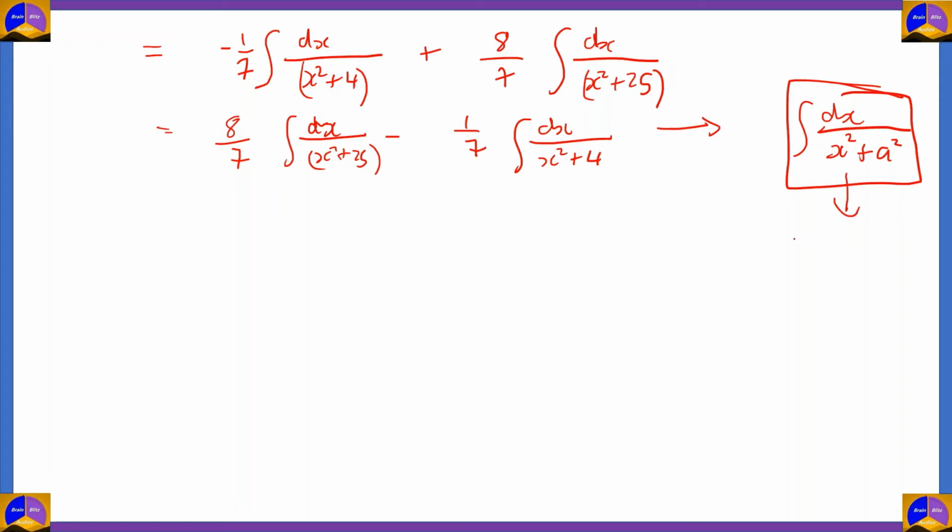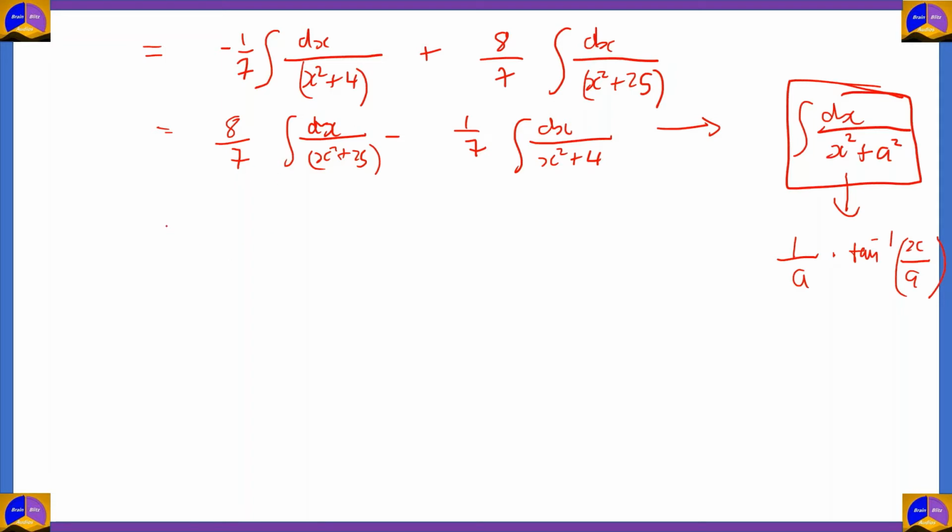You get 1 by a times tan inverse of x by a. This is our equation here. So integral dx divided by x squared plus a squared is 1 by a times tan inverse of x by a, just applying some properties.